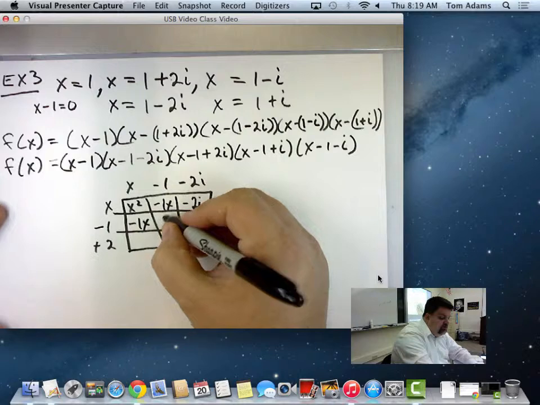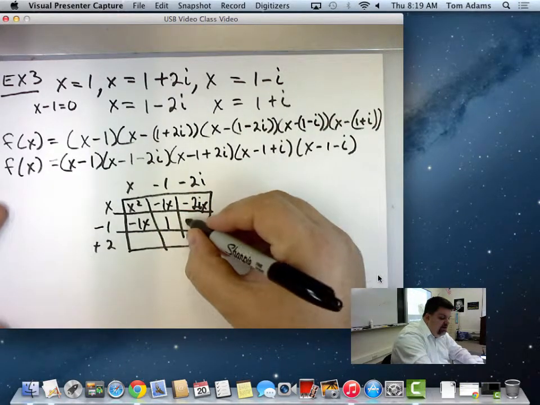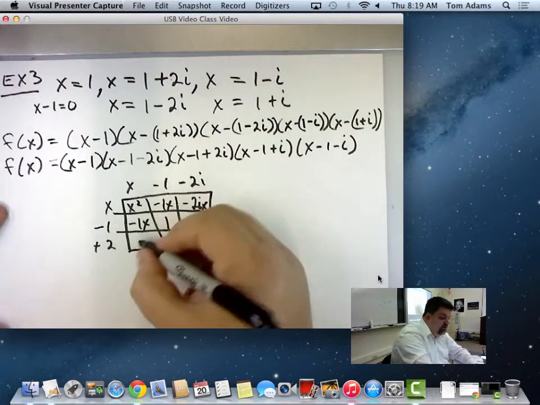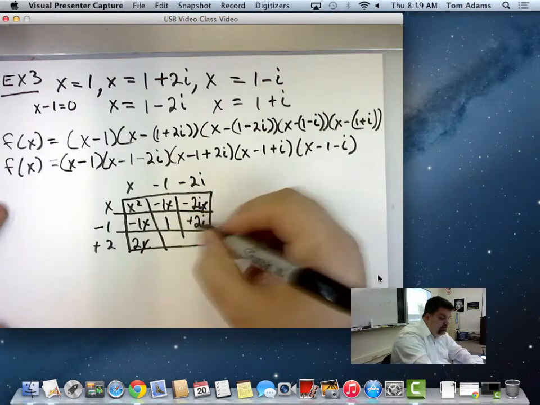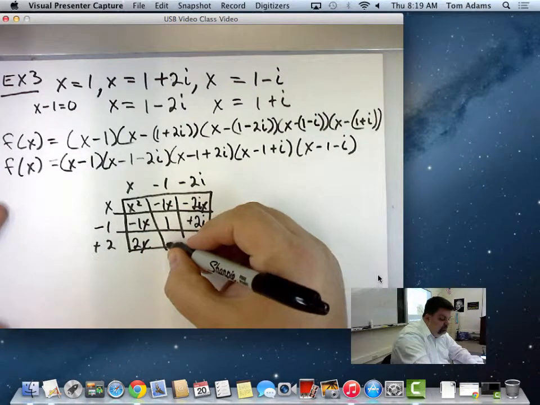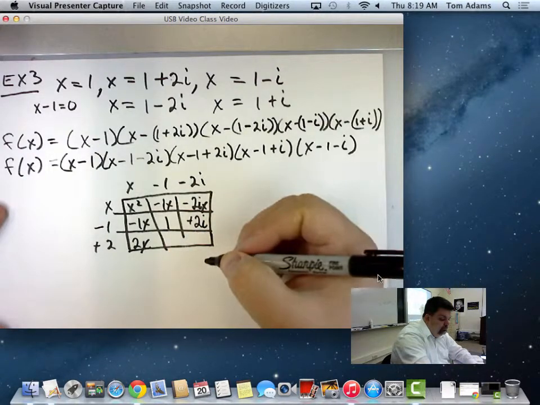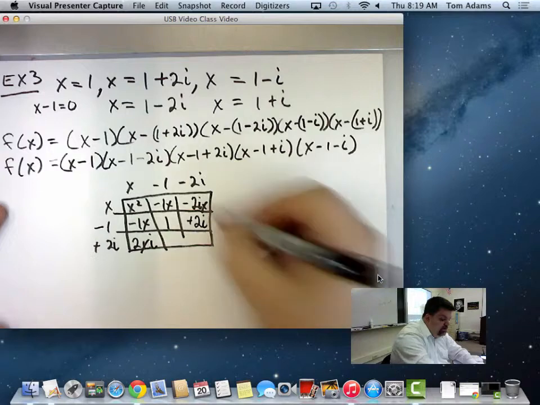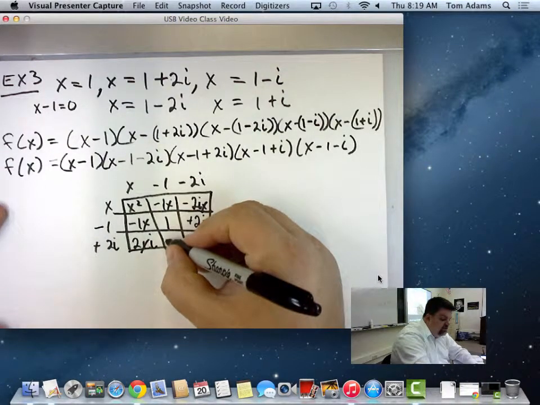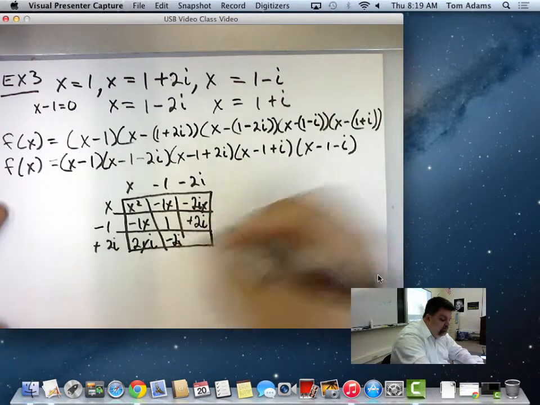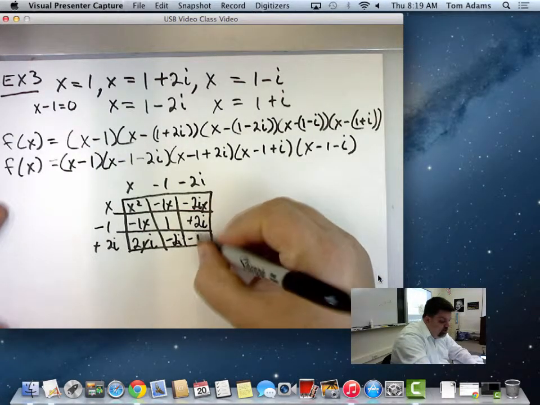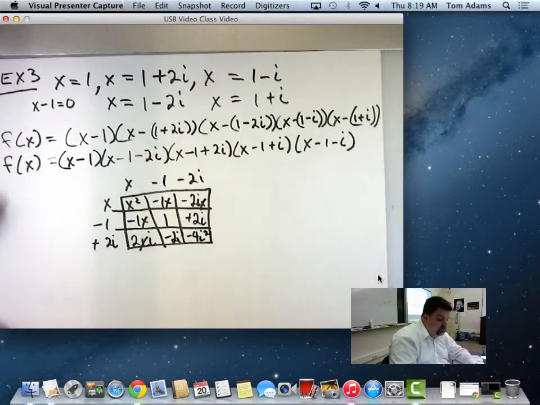Over here I get plus 1. And I get positive 2i. Down here I get 2x. Then I get, oh, this has got an i on it, right? So that's 2i. Down here I get a negative 2i. And then this becomes a negative 4i squared.